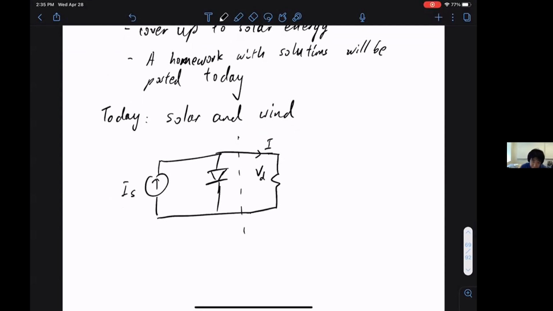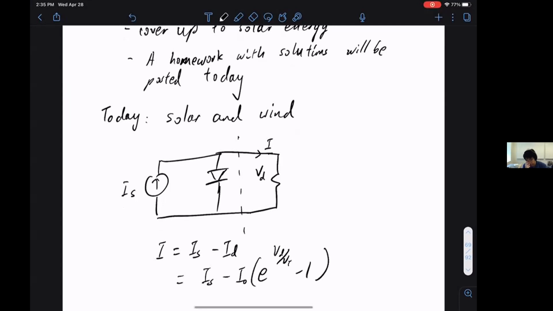The current is I_S minus the current through the diode, which is I_S minus I_0 (e^(V/V_T) minus 1). This is our voltage and current relationship, where the solar current is given by nature, and the voltage on the load is something we get to control. This is our fundamental equation for the solar cell circuit.